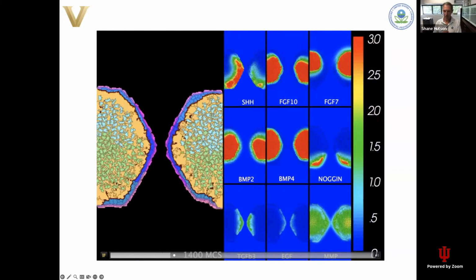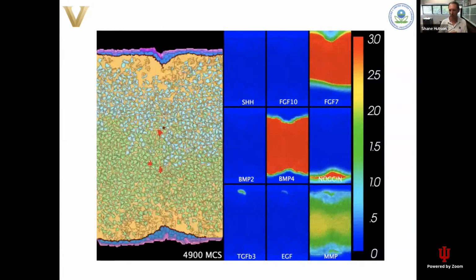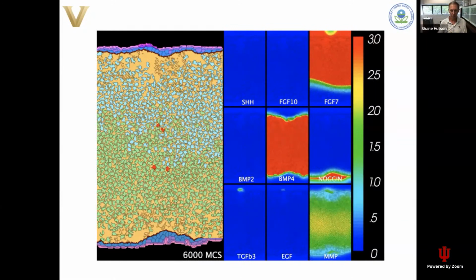You can see that those are dynamic, and they change with time as the simulation runs forward. And we'll take a closer look at how they are patterned in space and time. But what you'll notice at first is that there's a different spatiotemporal pattern for almost each one of these, right? They really are controlling the cell behaviors in very different ways and in different patterns.